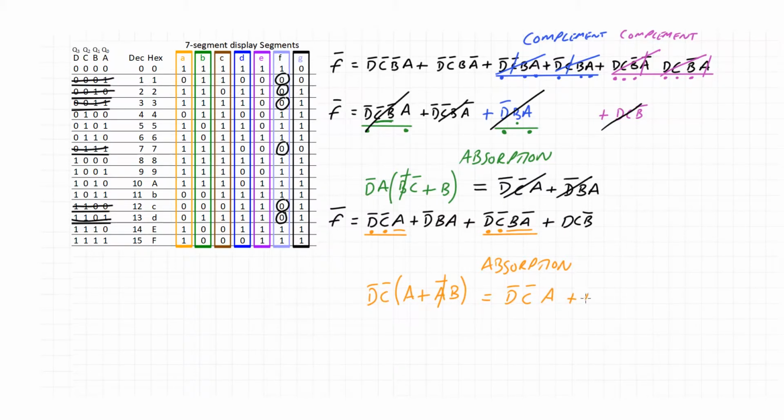Or not D, not C, B. And then regroup. Not D, not C, A, or not D, not C, B, or not D, B, A, or D, C, not B. And that is the minimized expression for segment not F. Put it through a NOR gate, it gives us segment F.